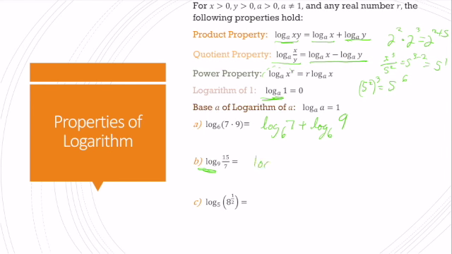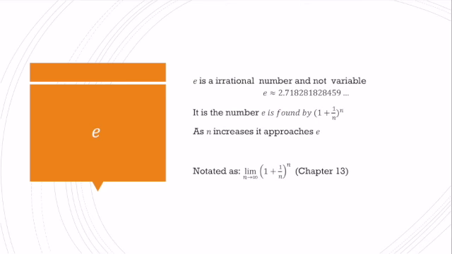Here, I can use my quotient rule. I have log base 9 of 15 over 7. The base is really important for us to remember. Log base 9 of 15 minus log base 9 of 7. Here I'm going to have 1/2, because I'm pulling this exponent to the front, 1/2 log base 5 of 8. So that's how we use our logarithm properties.